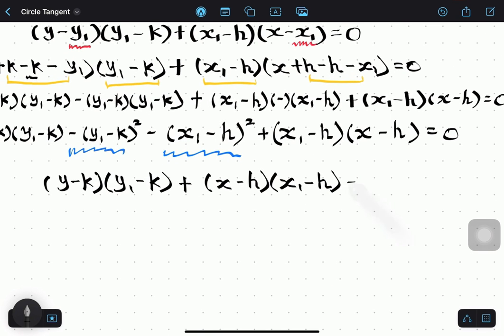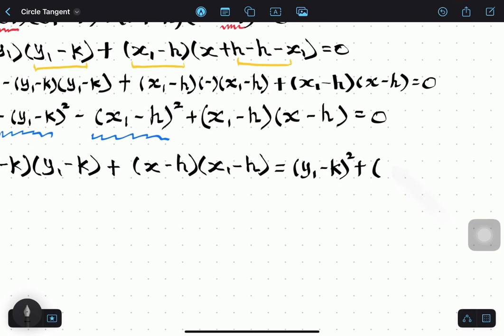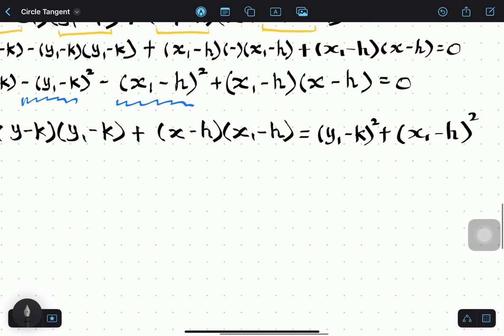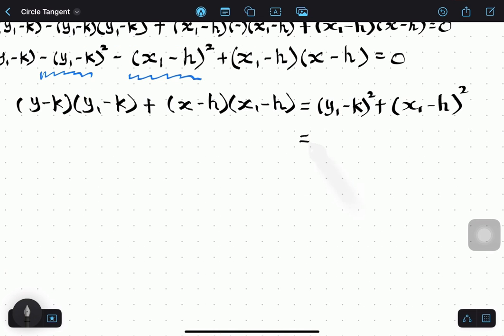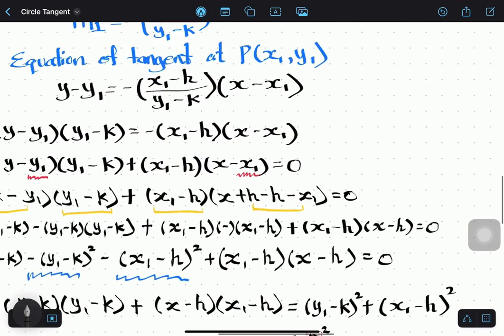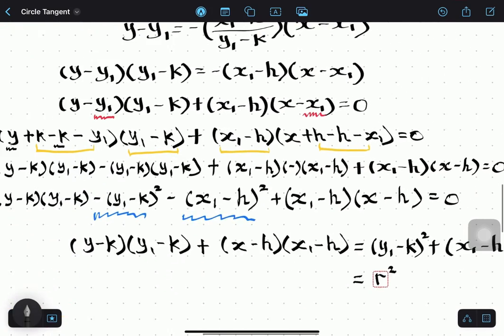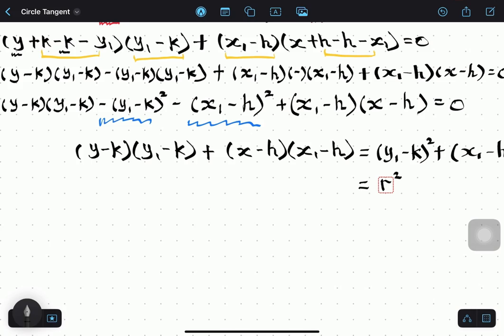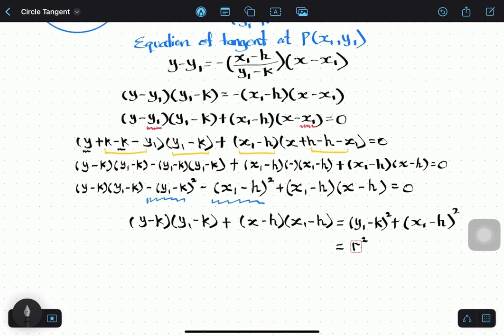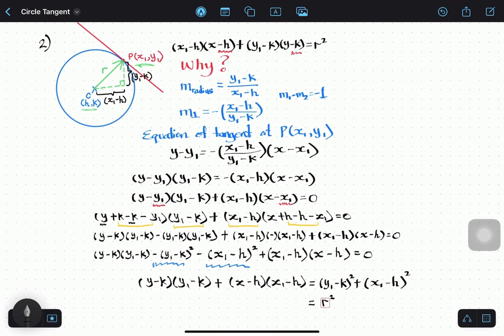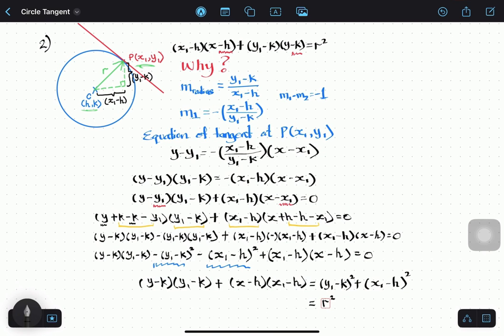It's actually equal to y1 subtract k squared plus x1 subtract h squared, which is the height and width of that right-angle triangle, which is actually r squared. See, I've proven to you that if I know the two points, I can easily find the circle tangent without using the geometry method. Probably this is one of the shortcuts.